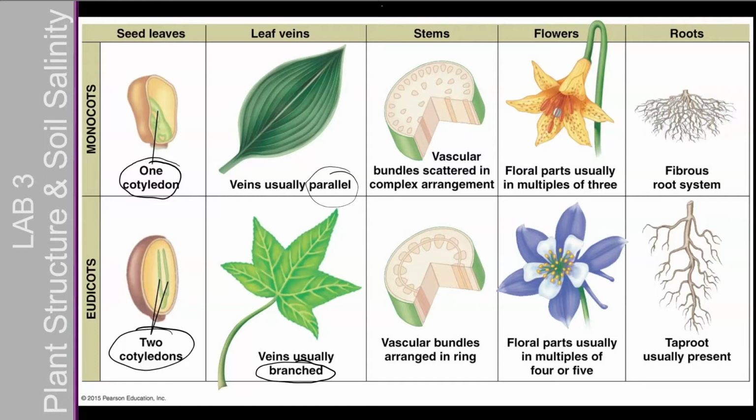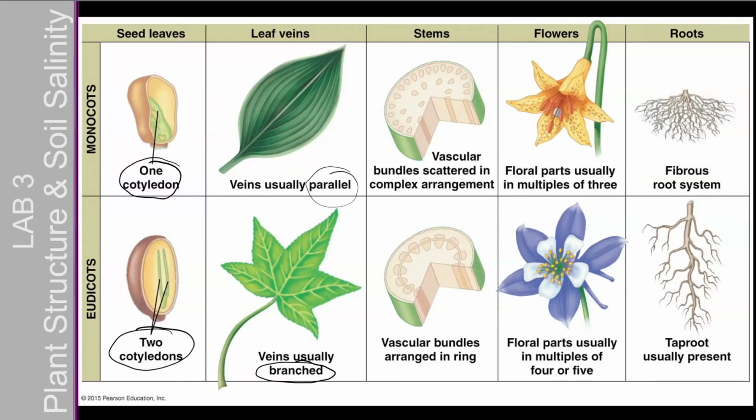Now, in your stems, if you take a cross section or cut a piece of the stem out, you're going to see that the vascular tissue we talked about earlier is arranged in different patterns.